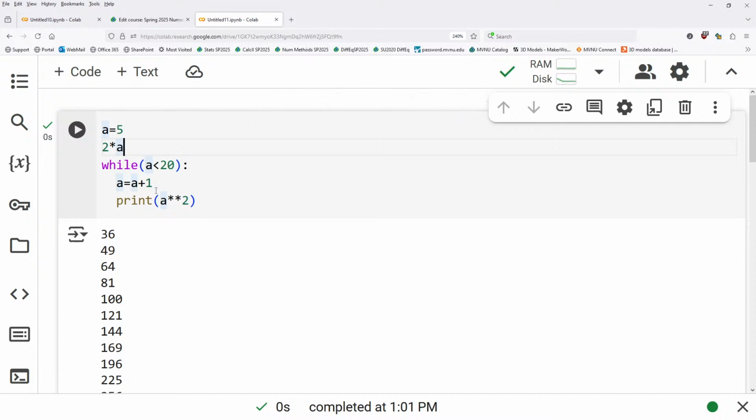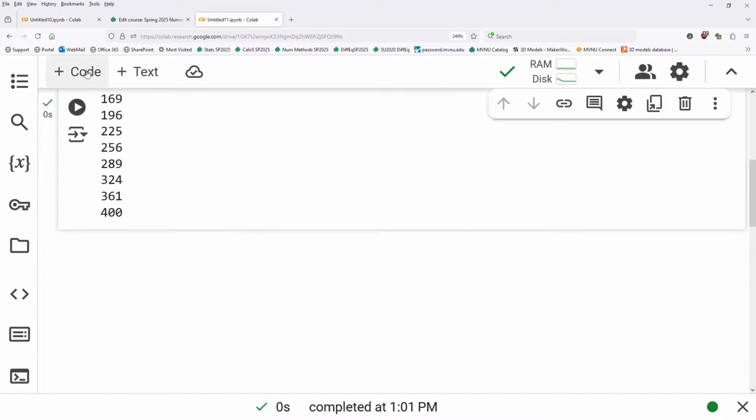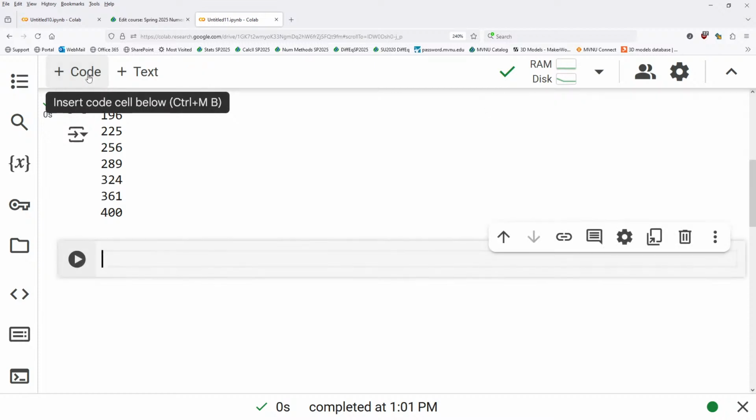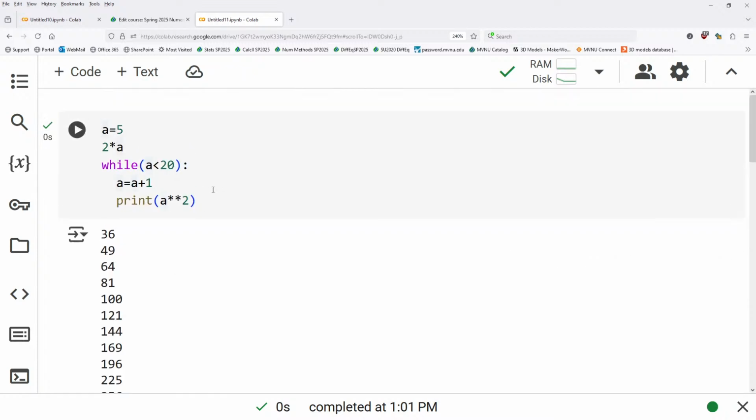Okay, so I don't know how to do this with a mouse, but in order to get a new block, I guess I could press this, maybe? Yeah, okay, I could do that. I use Shift-Enter. So here, let's go back up here.